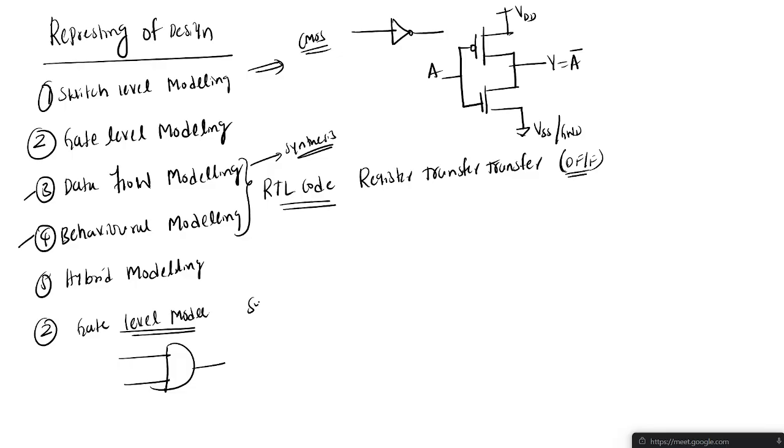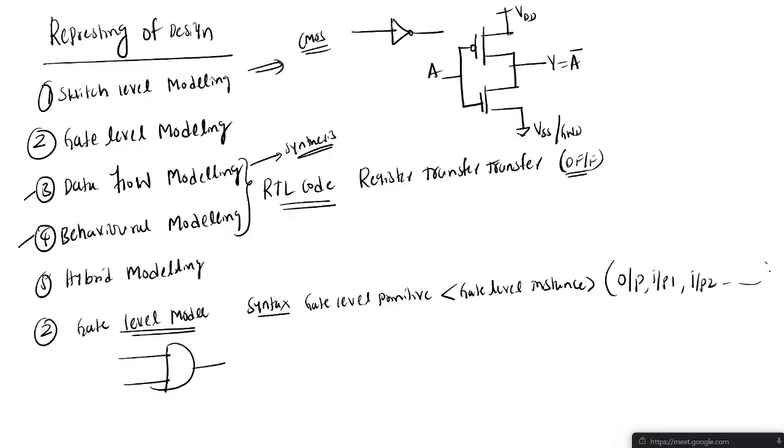The syntax is like this: gate level primitive, followed by gate level instance, and next output, followed by input 1, input 2, and so on. Suppose a, b are inputs and output is y, and the gate level instance is a1.